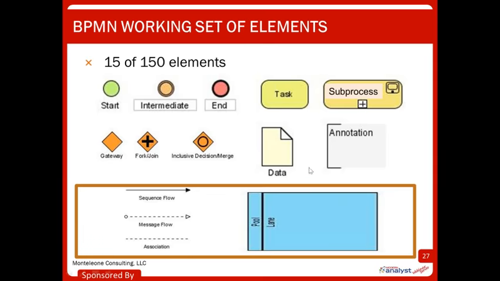So associations and annotations will be used for that. In addition to our working flow, we'll have the sequence flow for our orchestrations, the message flows for our collaborations, and of course we will have those in pools and in lanes.